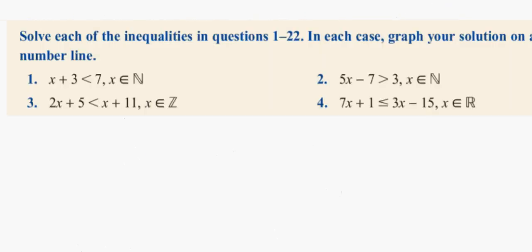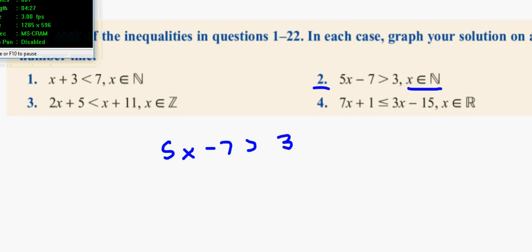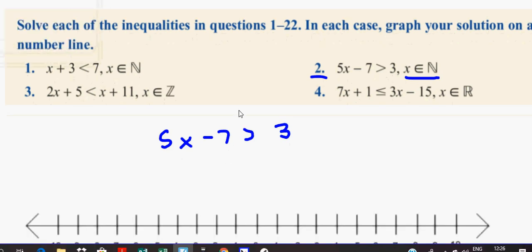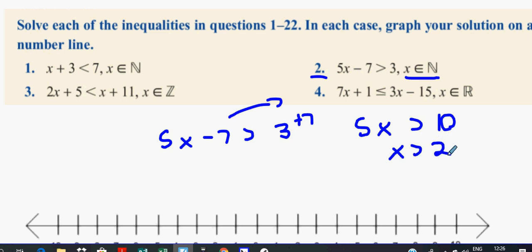So what we have here is a bog standard inequality, question 2. 5x minus 7 greater than 3. X element N means natural numbers only. 5x is greater than 3 plus 7. Now, the minus 7 goes over to the other side, so it turns to a plus 7, 10. Divide both sides by 5. X is greater than 2.